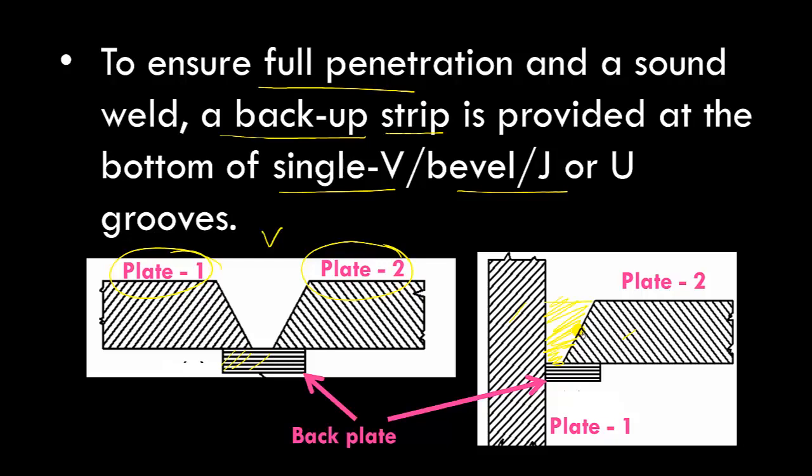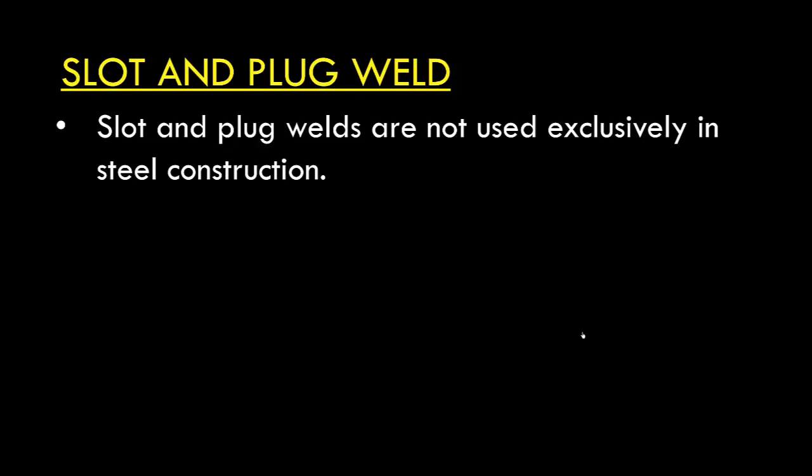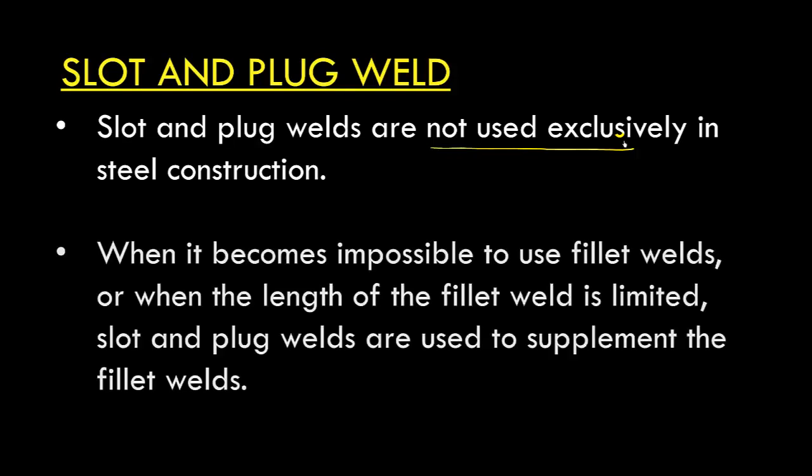So now we will discuss another two kinds of weld, that is slot and plug welds. Slot and plug welds are very uncommon and not used extensively in the steel industry. The reason is that only in a few cases are they applied, when it becomes impossible to use fillet weld or groove weld, then only slot and plug welds are used.